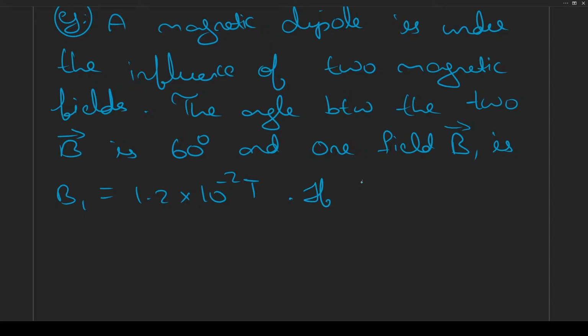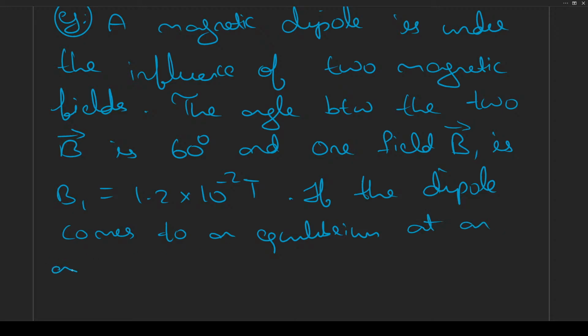If the dipole, which is under these two fields, comes to an equilibrium at an angle of 50 degrees with this field, what is the magnitude of the other field?